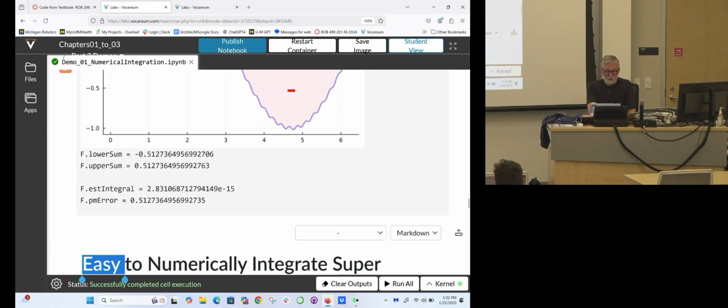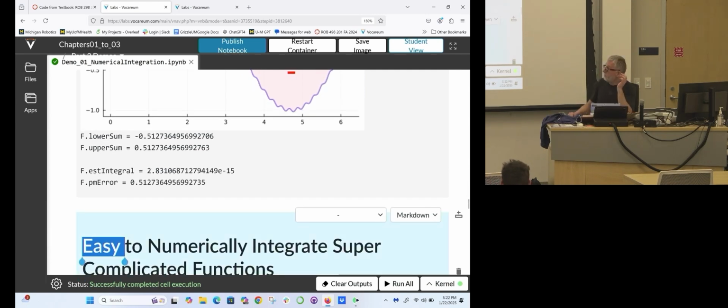Now for this value, the lower sum and the upper sum have the opposite sign, and they're both roughly a half, okay? So they haven't really converged yet, we agree?